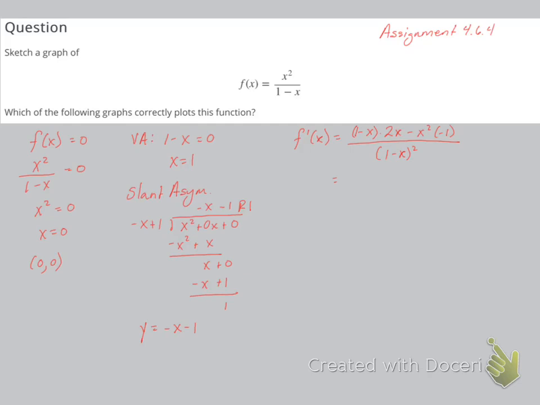And this will give us 2x minus 2x squared plus x squared all over 1 minus x squared. And cleaning this up, giving us 2x minus x squared all over 1 minus x squared.